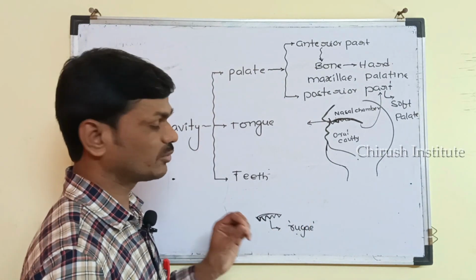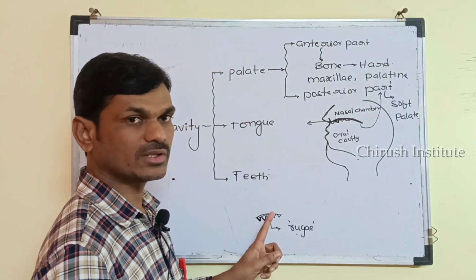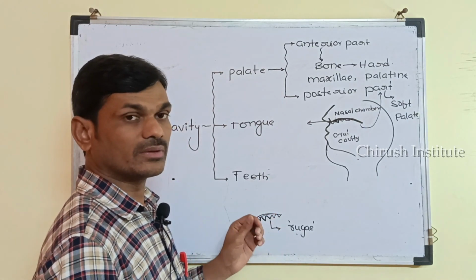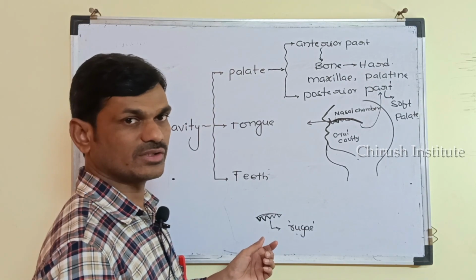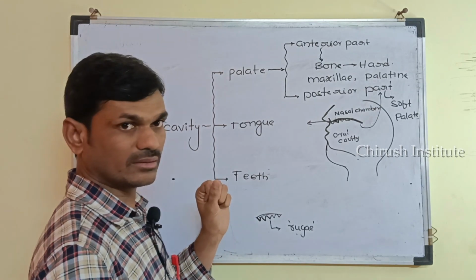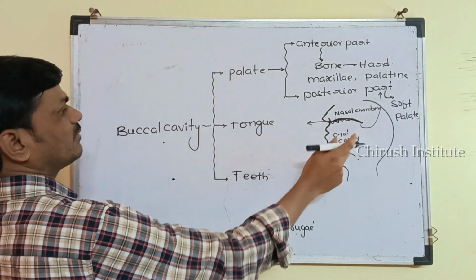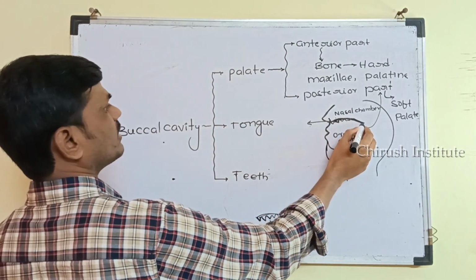The main function of the rugae is to provide grip. Rugae are mostly developed in carnivorous animals because they feed on fleshy meat, so they provide grip while taking the meal. In the soft palate, there are no palatal rugae.